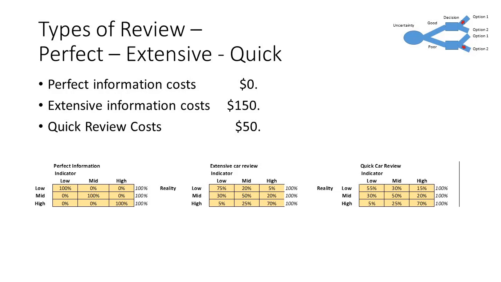Lower left is the perfect information with a 100% on the diagonals. It doesn't cost anything because what we want to find out is whether that has any value at all, which we've already done. The extensive information costs $150, and it's the middle table. And then finally, the quick review only costs $50, but it's not as reliable. You can tell by looking at the low. So back to the model.